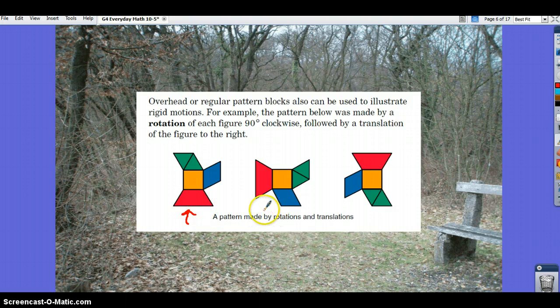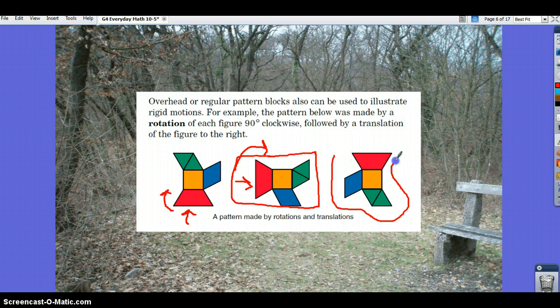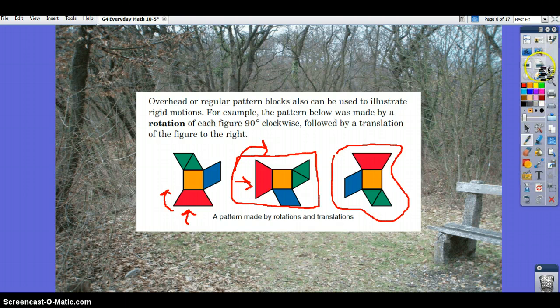We turned it 90 degrees, so we came up this way, and now it's facing this way. So the rotation went upward 90 degrees. And then we came up with this rotation piece. Now if we turned it another 90 degrees and we turned it upright, this would now be a translation of the one alongside of it.